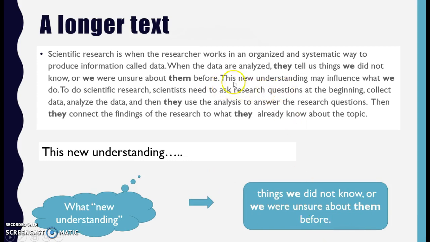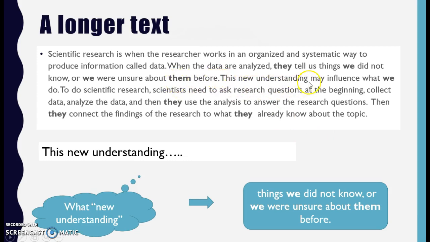So when we see something like this new understanding, we have to stop and ask ourselves, what new understanding? And if we work through a text in a very systematic way, and especially when we get confused and you say, gee, I understand all of the words, but I'm lost, go back and check. Do I understand what all the pronouns refer to?